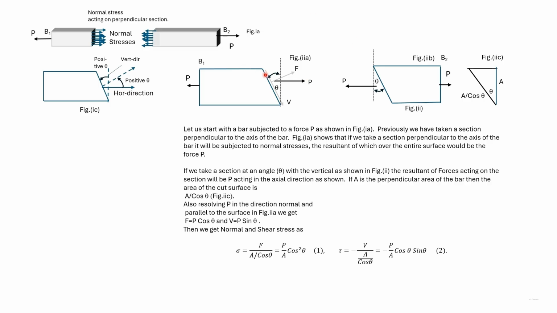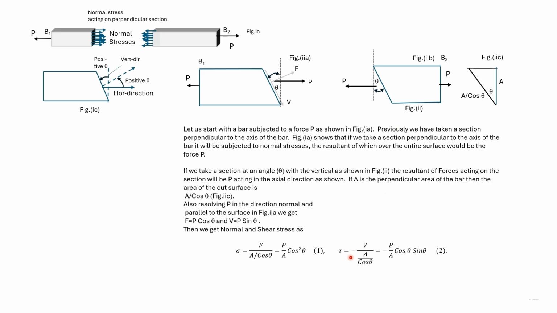Then the normal stress on this section is equal to F divided by the area of this inclined plane, which is F divided by A by cos theta, is equal to P divided by A cos square theta.